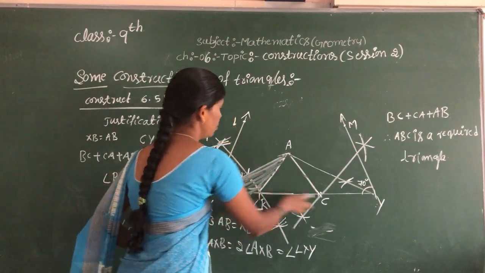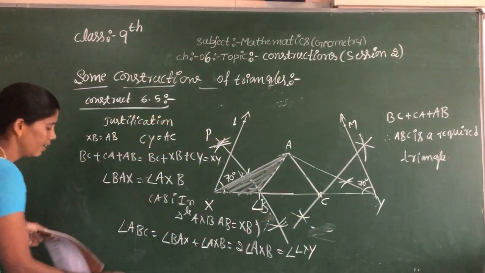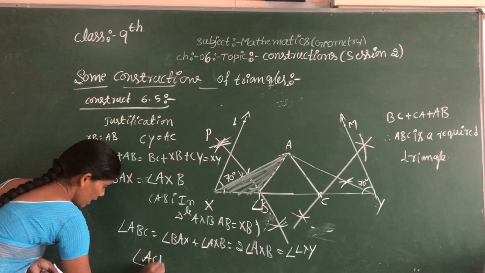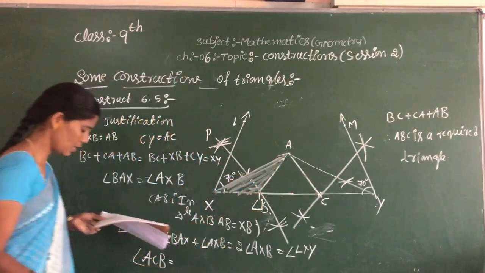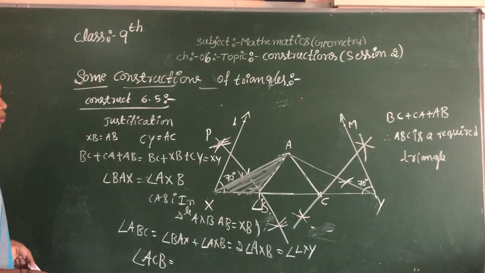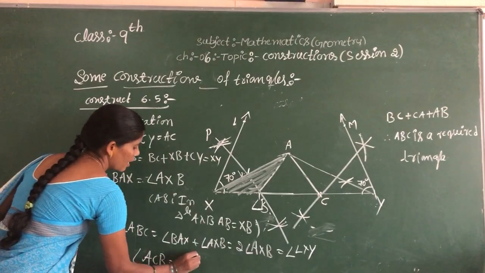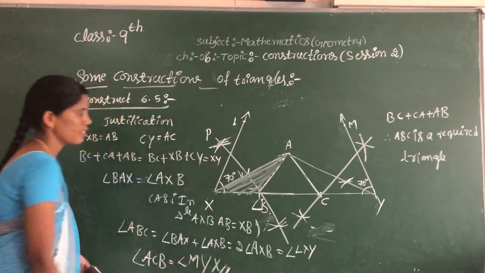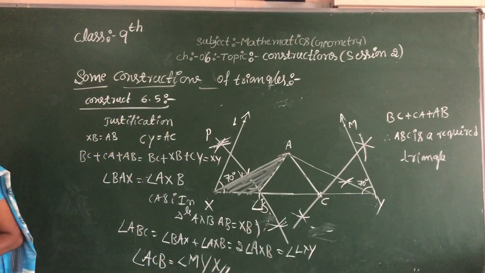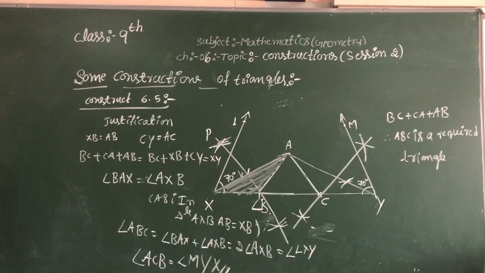Angle LXY. Okay, angle ACB is equal to angle MYX. Okay, this is the proof, or the justification. Okay children, are you understood?